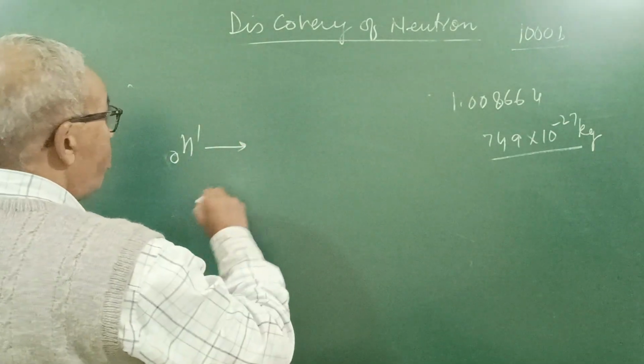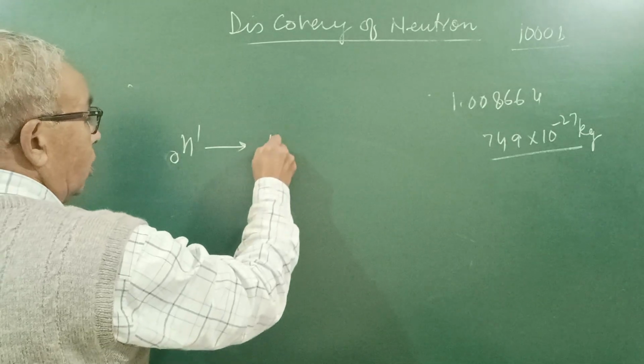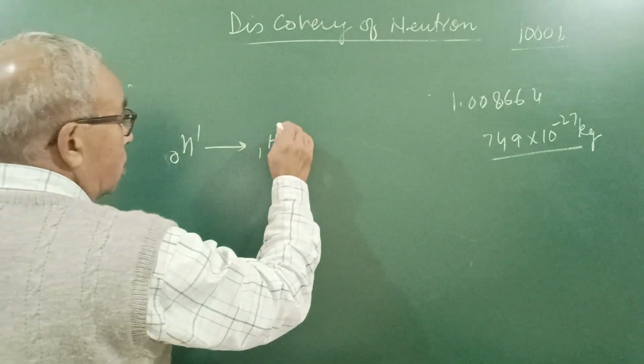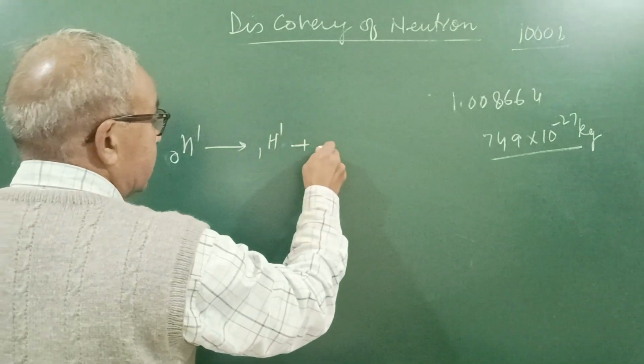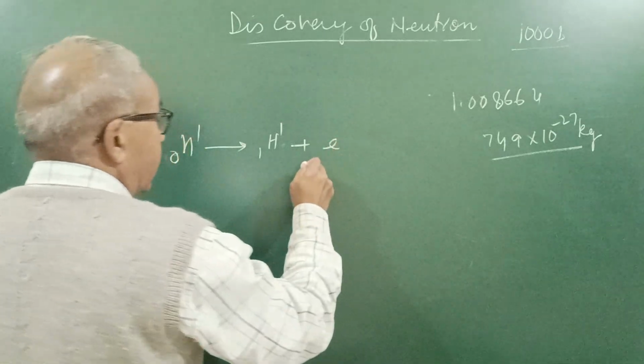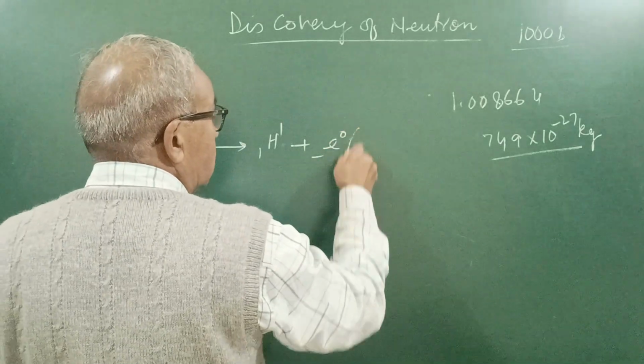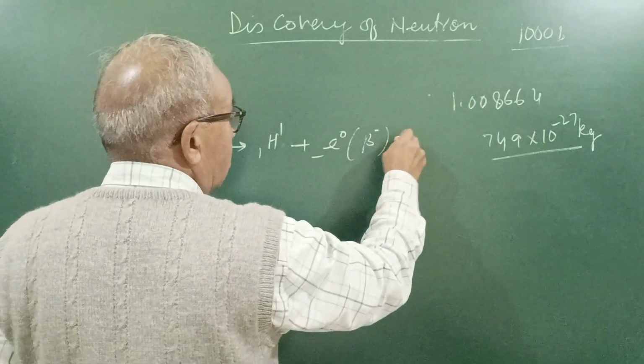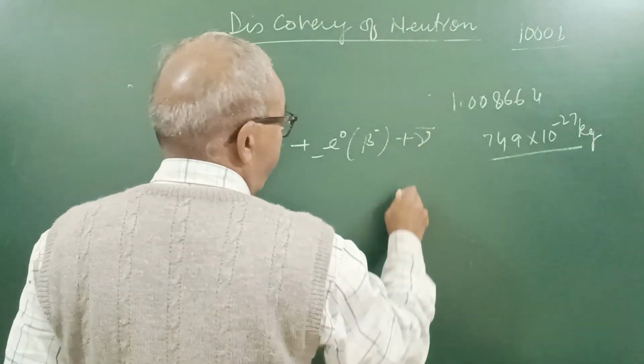It splits into 1H1, a proton, plus an electron, which is also known as beta minus, plus an antineutrino.